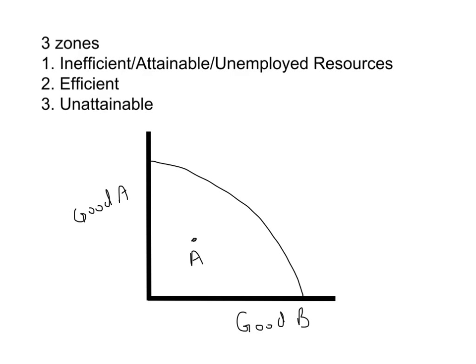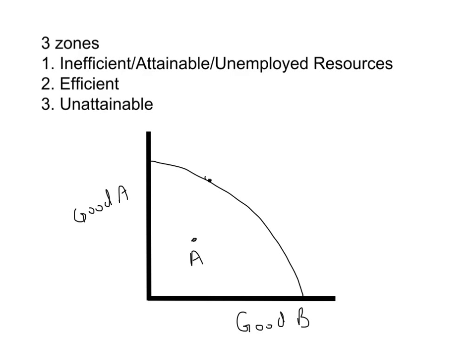We can produce more, we're able to, but we're just currently not. A good example of this would be the fact that we have unemployed resources in America. Currently in 2013 we have roughly an 8.5% unemployment rate. So we have unemployed resources that we could use to be more productive, but we're currently being inefficient.